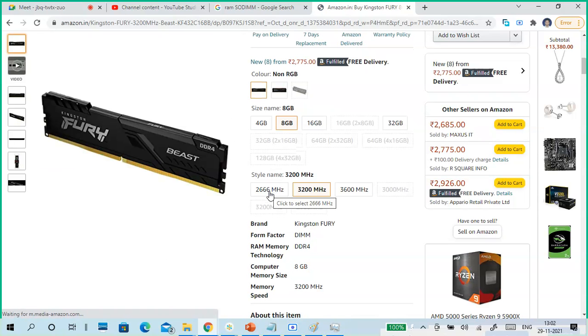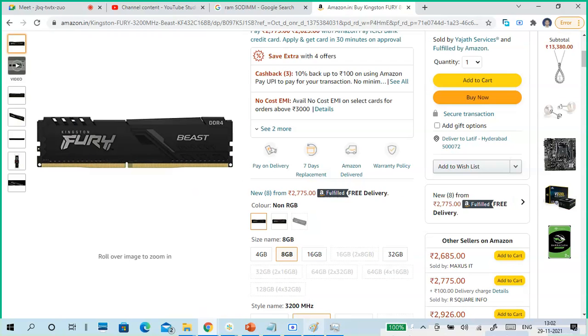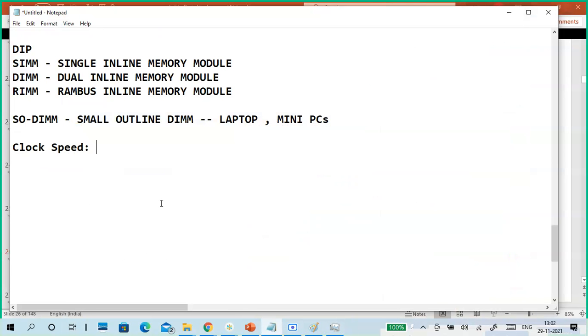If you see, this is DDR4 2666 megahertz, this is 3200 megahertz, this is 3600 megahertz. So it must be compatible, and the size matters. The maximum size also you have to check.